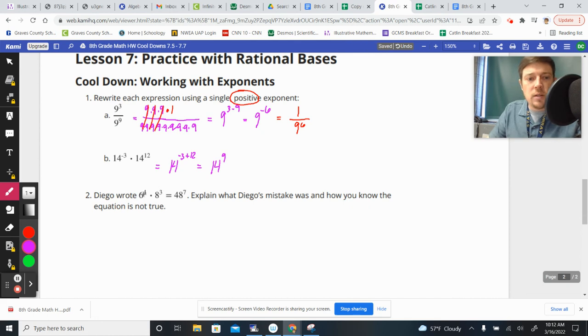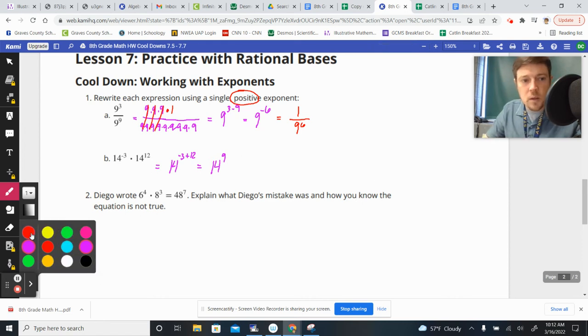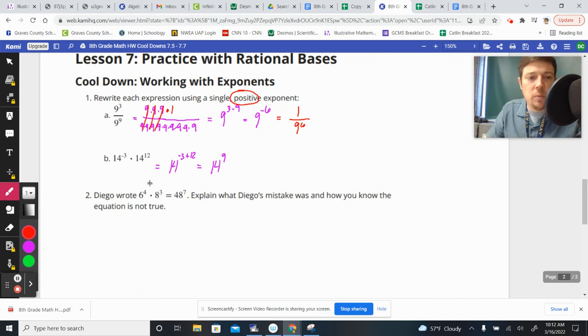So Diego wrote 6 to the fourth times 8 to the third equals 48 to the seventh. And we have to explain the mistake and how we know that that equation is not true. Okay, so the equation is wrong because he tried to apply the rule we just used by adding the exponents.